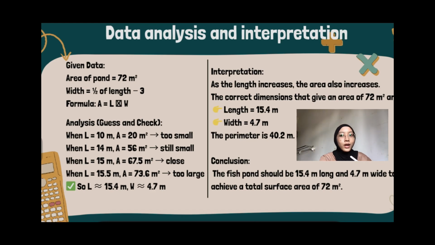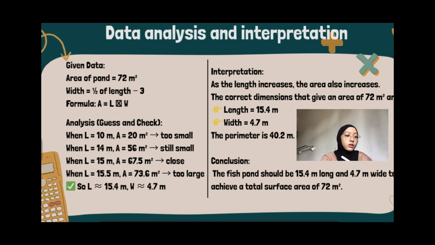So, the right answer was 15.4 meters and the width 4.7 meters. Interpretation. As the length increases, the area also increases. The correct dimensions that give the area of 72 square meters are length 15.4 meters and width 4.7 meters. The perimeter is 40.2 meters.